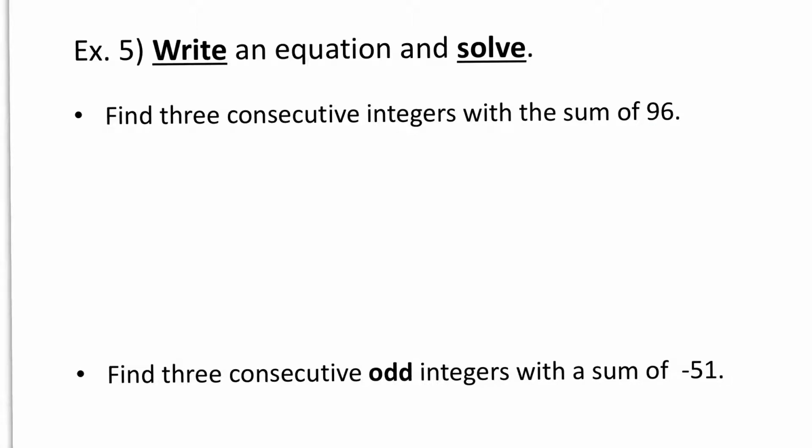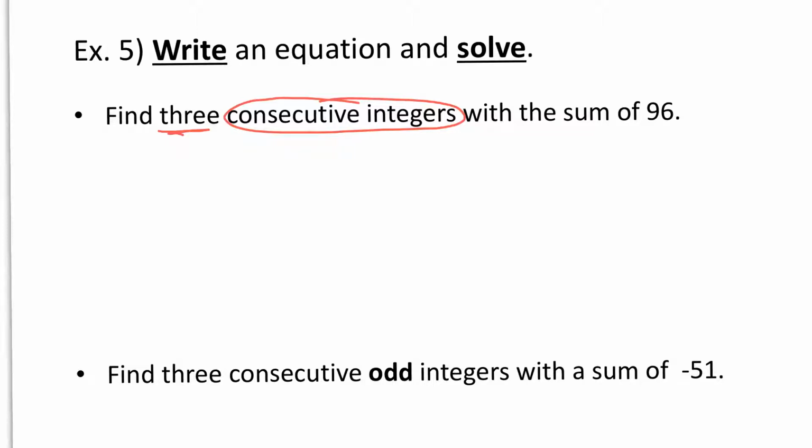First of all, we're looking for 3 consecutive integers. Let me explain what that is. Consecutive integers are numbers that are next to each other. For example, 1, 2, and 3. Those numbers follow each other, so they are consecutive integers. You can say 11, 12, 13.